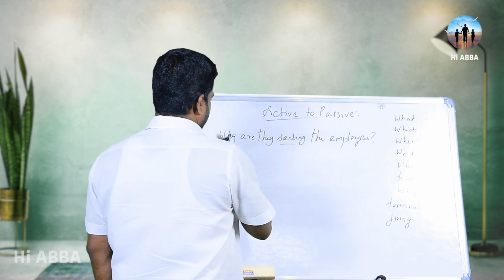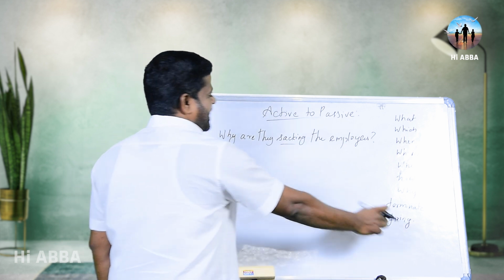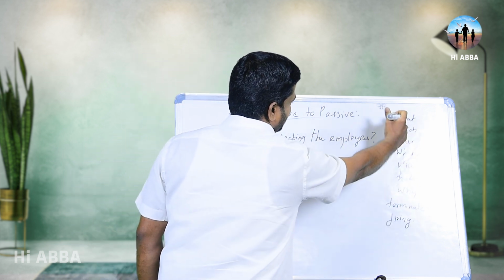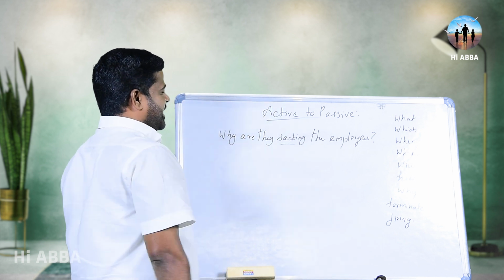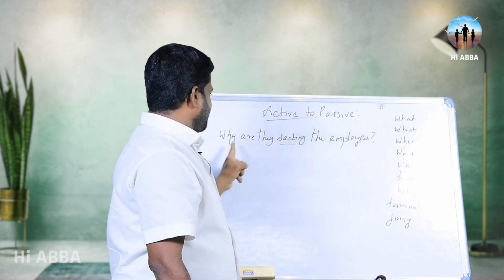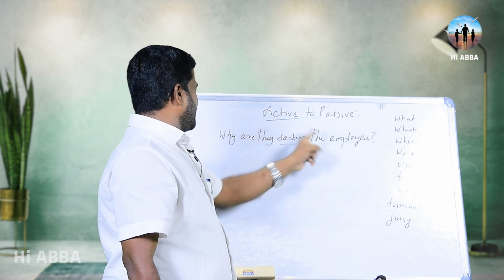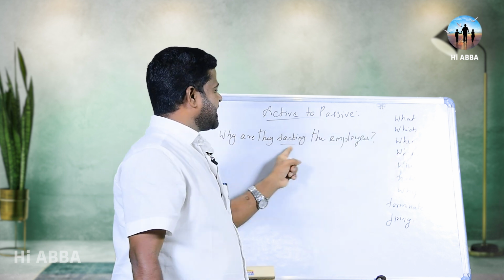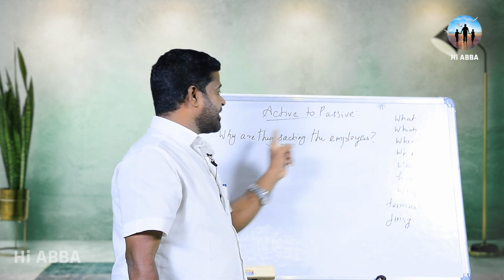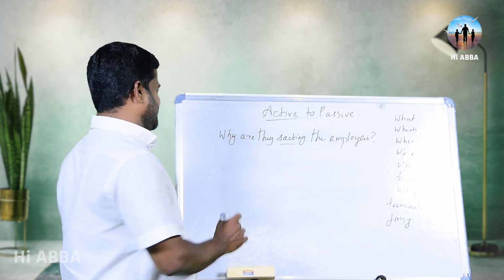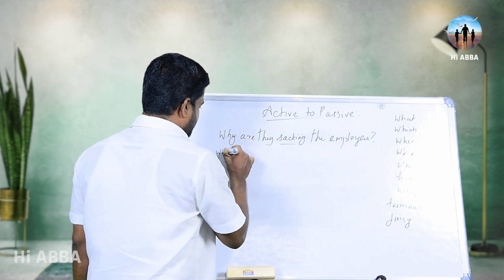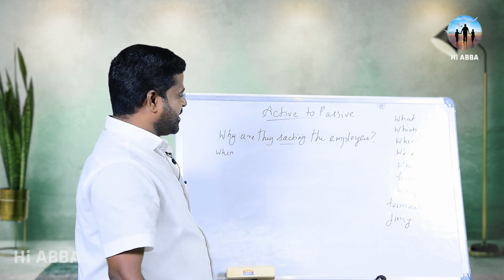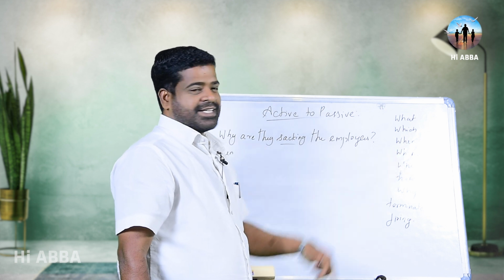Now, in place of this why, any of these WH question words can be applied. Now if you apply what, that will not give sense. What are they sacking the employees? Which are they sacking the employees? Will not give sense. When are they sacking the employees? That will give sense. Instead of why, we can write when also. Where are they sacking the employees?